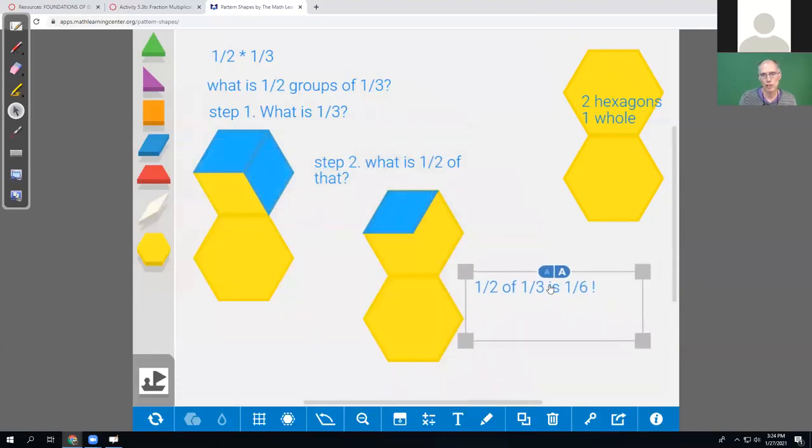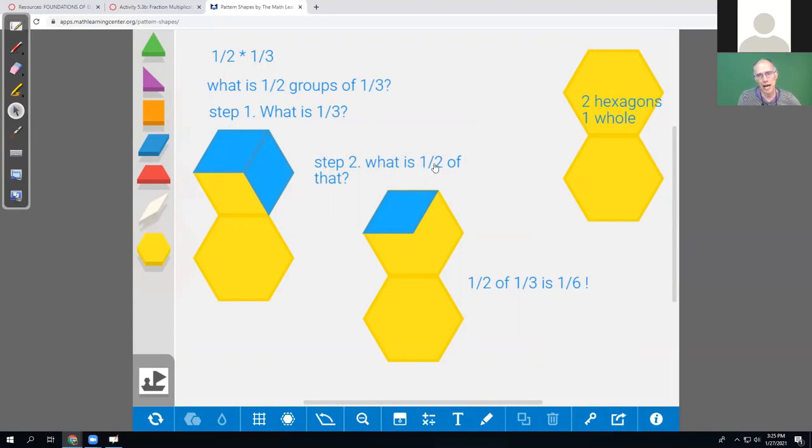Let's move that here. Okay, so here's my sequence of events. I got to know what a whole is, so I got my little key there. The problem I have is, what is half of a 1/3? Okay, so I just rewrite, what is 1/2 groups of a 1/3? I'm using the groups of definition for multiplication. I can't find half a group of something until I know what that thing is, so I have to establish, okay, what is a 1/3 again? And so I figured out, okay, this shape right here is a 1/3.